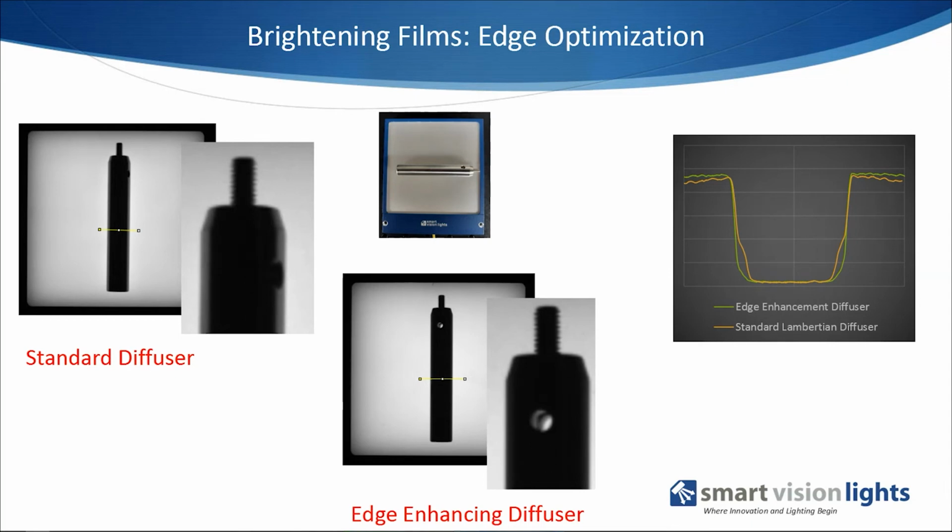And if you see on the top left image here, the standard diffuser, if I just take the same backlight and put a very common diffuser, and this is what a lot of backlights from other makers do, then you get good diffusion, you get a good backlight, you can see the uniformity is there, but you can see the effects we're talking about in the zoomed in portion of that cylinder there.